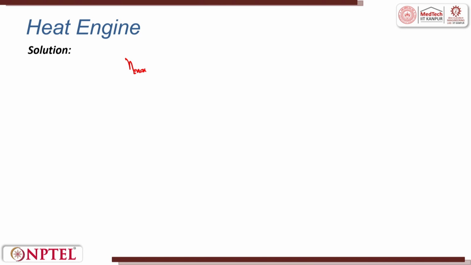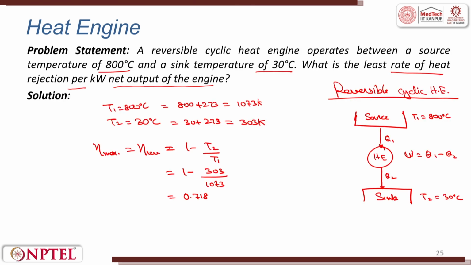Now we know that maximum efficiency, eta maximum, is equal to net work done by Q1. Here net work done is equal to 1 kilowatt.